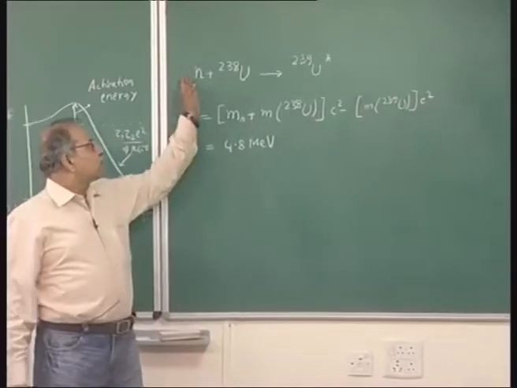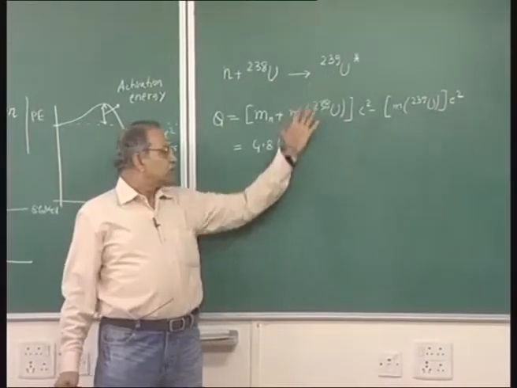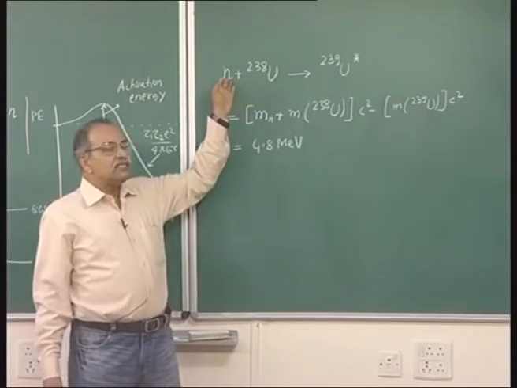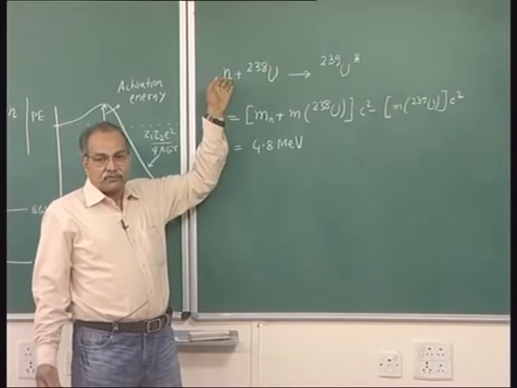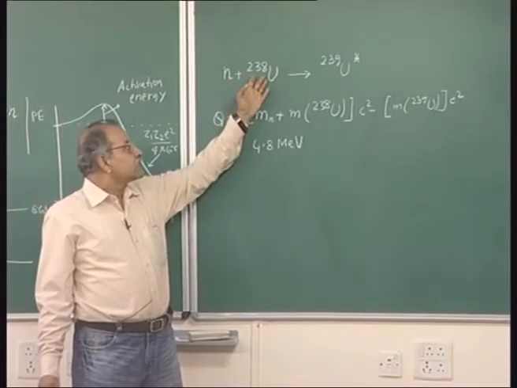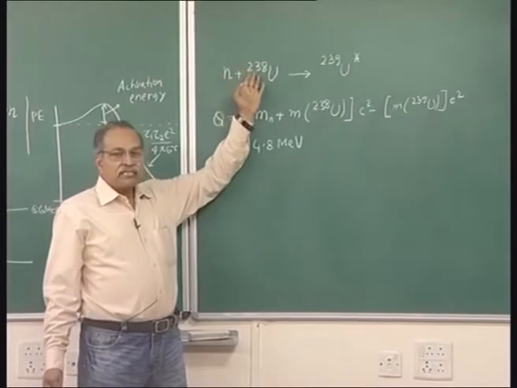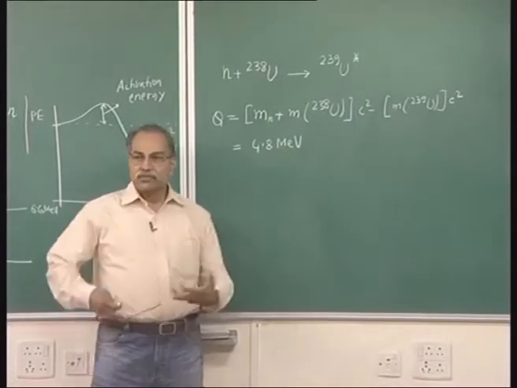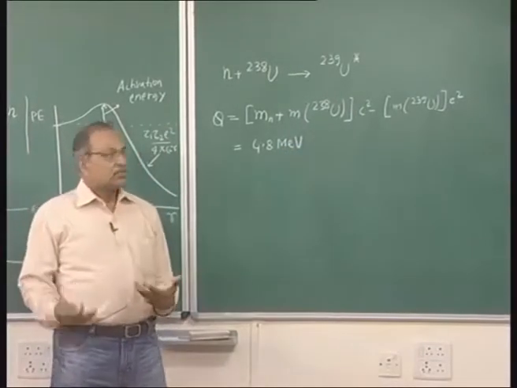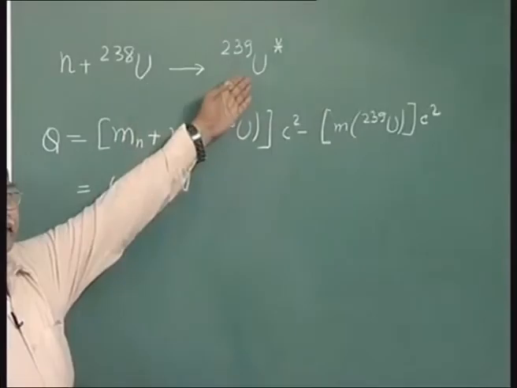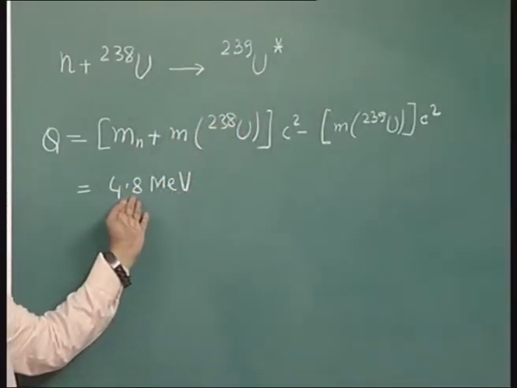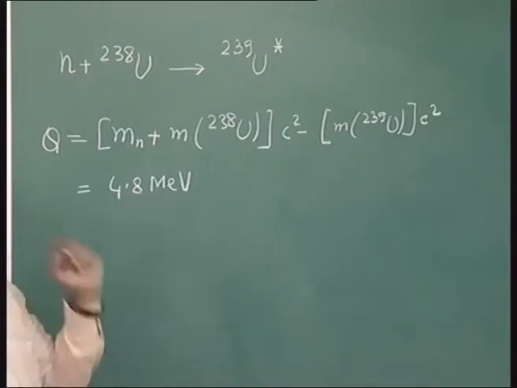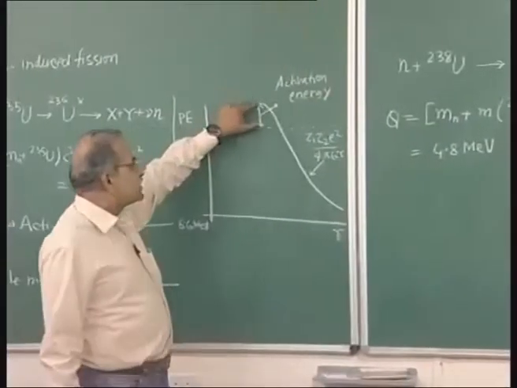So, if this neutron gets absorbed here, this much energy is made available, and once again if the initial kinetic energy of this neutron is almost 0 and this is at rest, you do not have any linear momentum here. So, all this energy goes into internal excitations. So, this uranium 239 is created in an excited state above its own ground state by this much energy, 4.8 MeV.